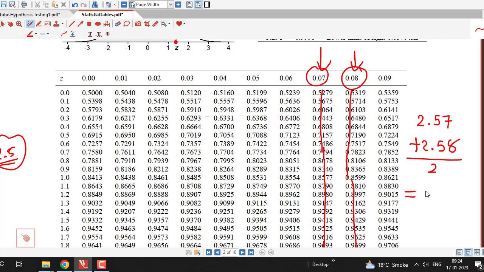So this is nothing but 2.575, and this we will consider as value of small z suffix 0.005.